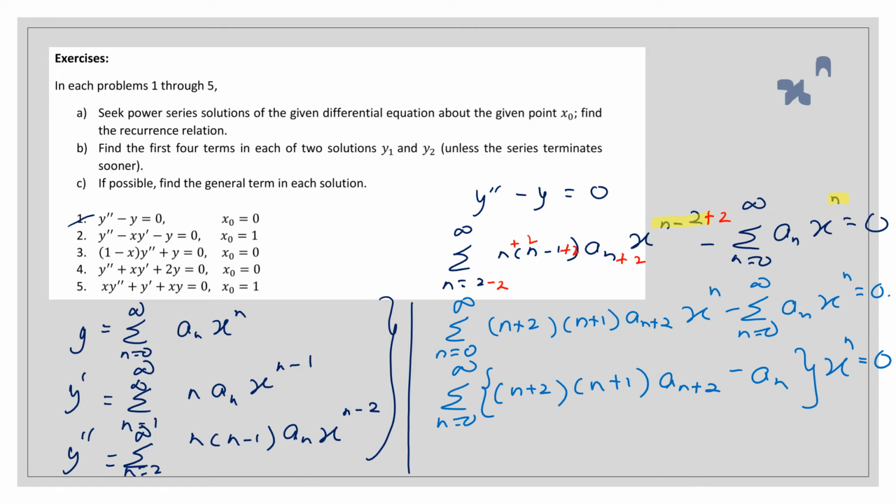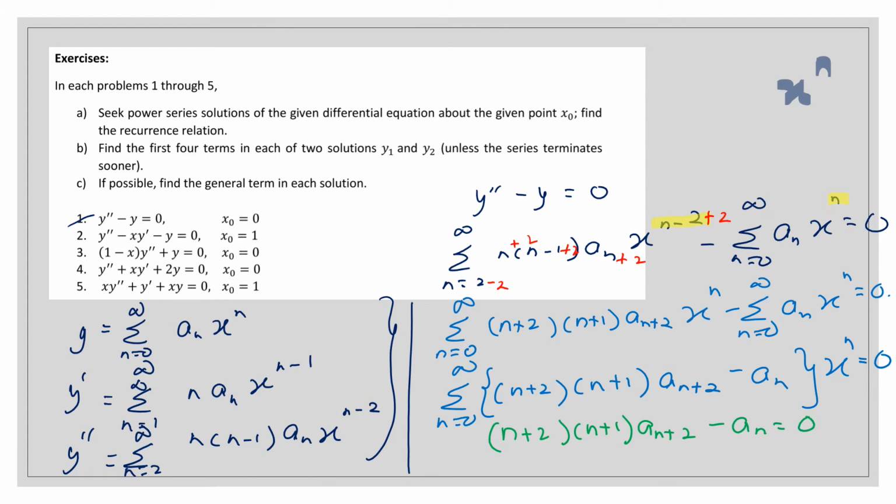Okay, so we want to find the recurrence relation. So we equate all this to 0. So we have n plus 2, n plus 1, an plus 2 minus an equal to 0.